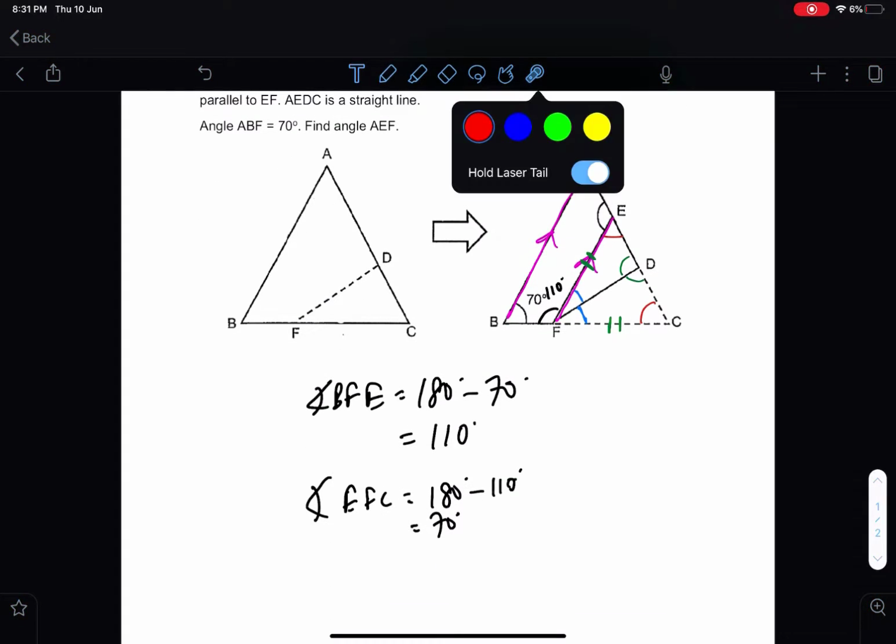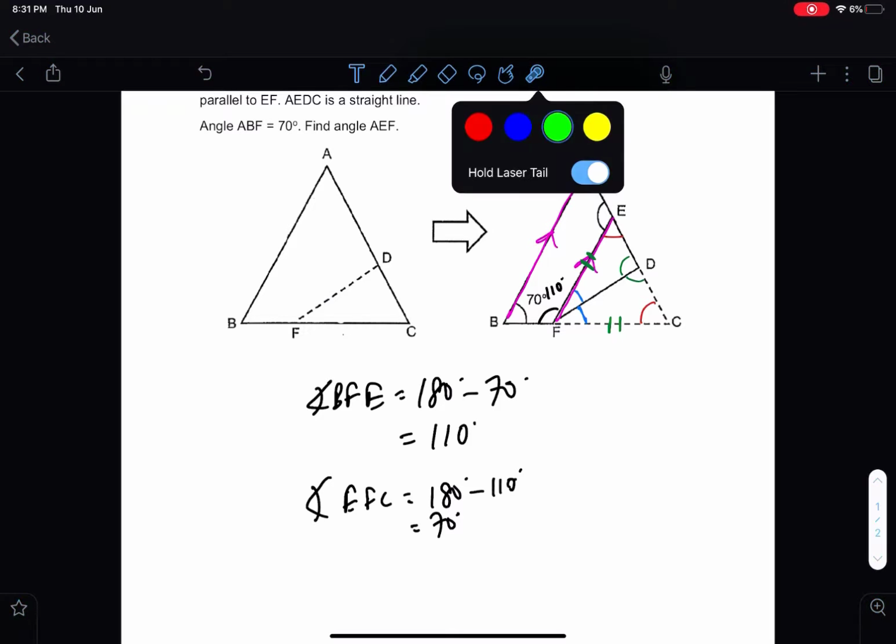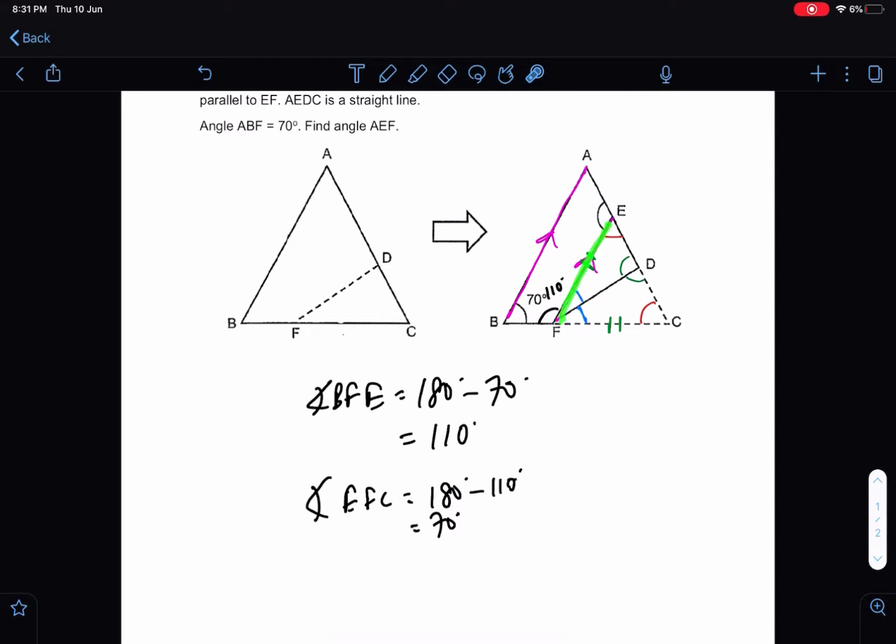Again, let me recap our mission. Our mission is to find AEF, which is this angle here. It will help us if we can find this red angle. Remember what we were discussing earlier, that these two lines, FE and FC, because you are folding FC inside, actually have the same length.